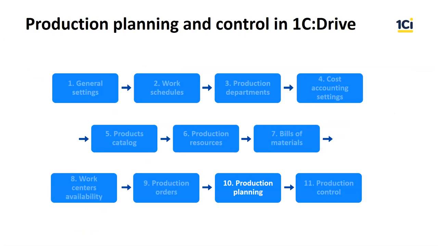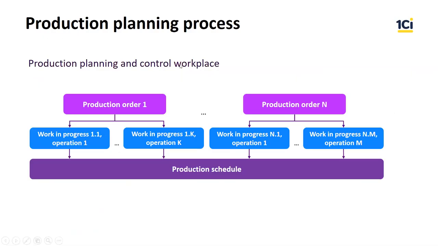So we see we've come a long way to come to this point. And I hope that you've noticed that all the information that we've needed nicely fell into place when we need all those details. And production planning itself is done in the production planning and control workplace.